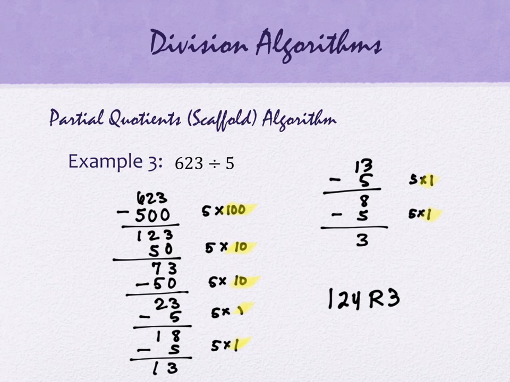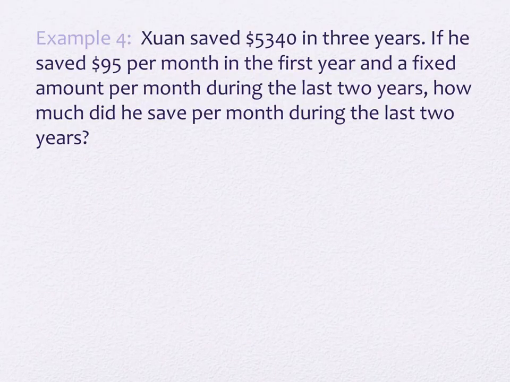Okay, let's take a look then at some examples that are a little bit more interesting. There's one of them that's going to be like our coin example, I believe. It's the second one. Yeah, that's our coin example that you had an example of in your homework today. So we're going to look at Juan. So Juan saved $5,340 in 3 years.